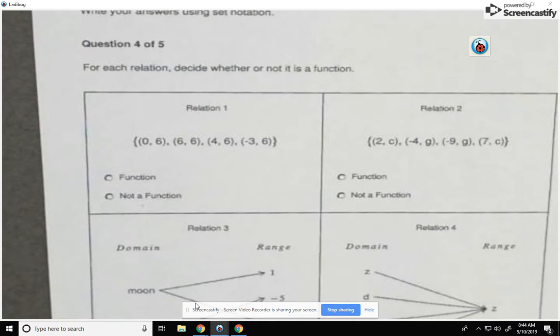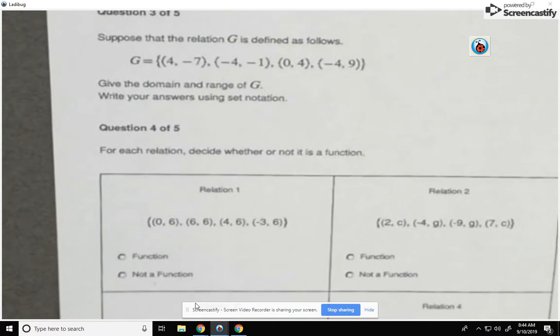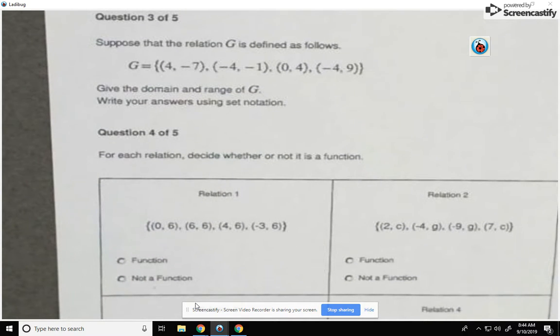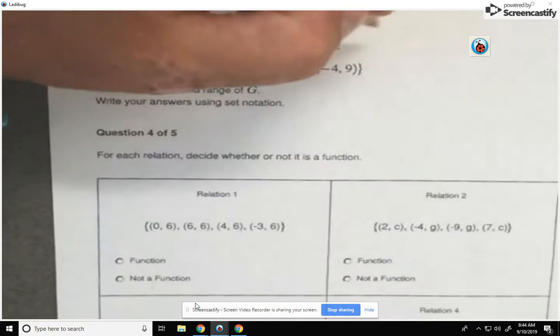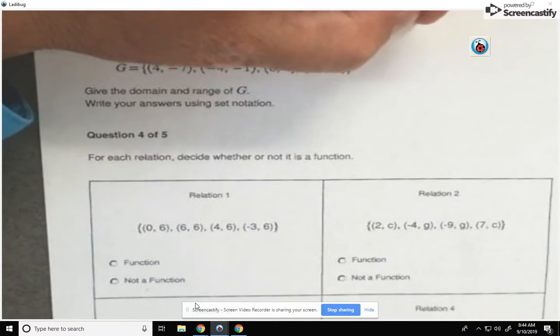Okay, question 3 asks us to find the domain and range given a set of points. Okay, so this one's actually pretty simple. Domain is your x values.